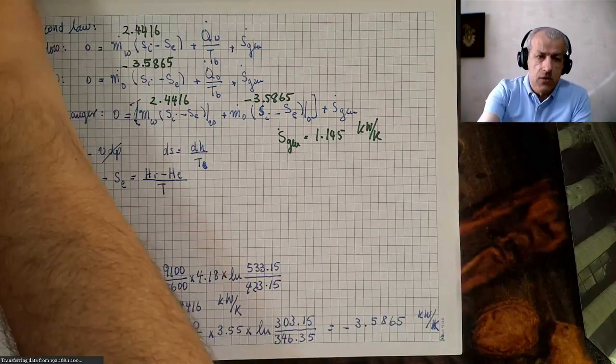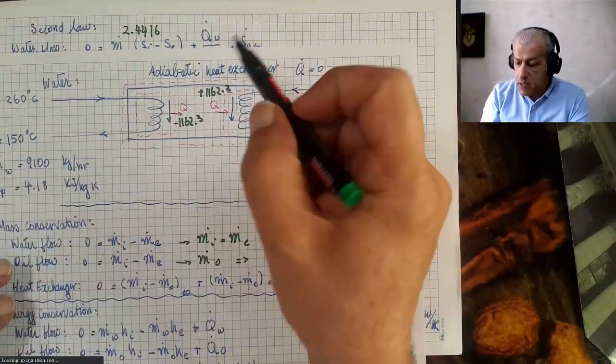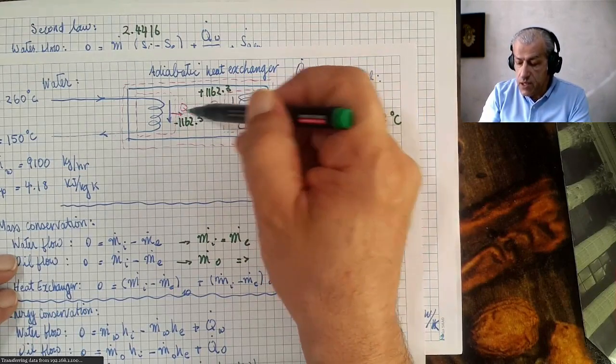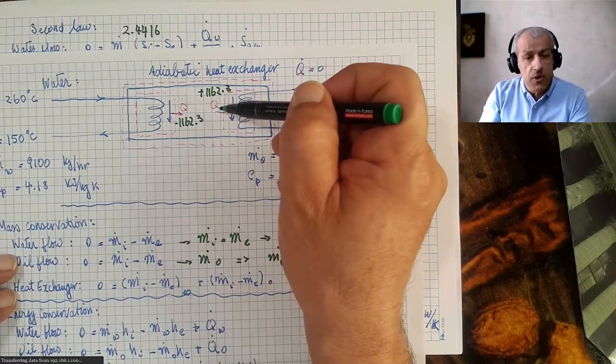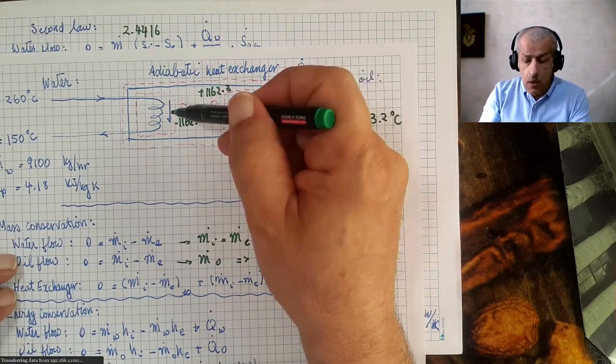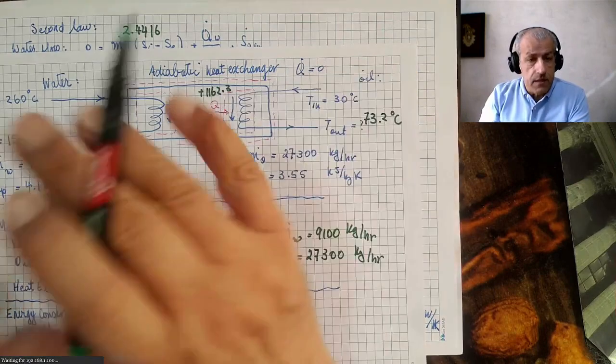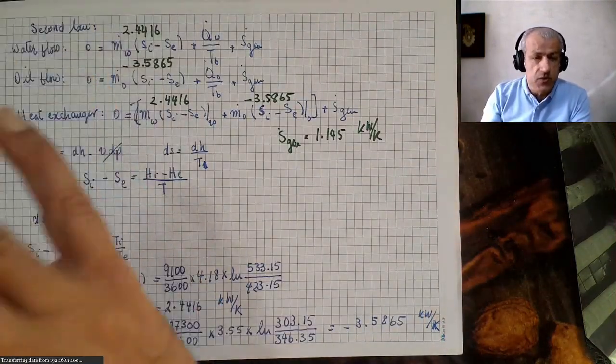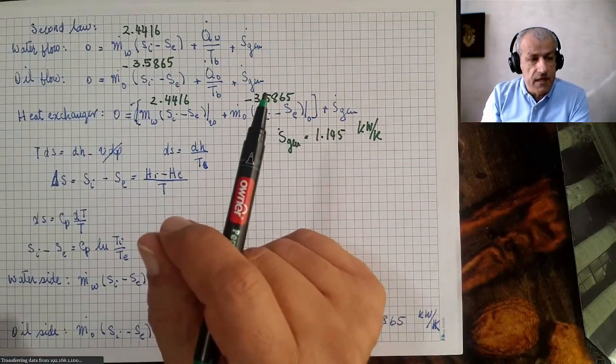This in fact includes the entropy generated due to this heat transfer between two different temperatures. So this is the overall entropy generation of this heat exchanger.